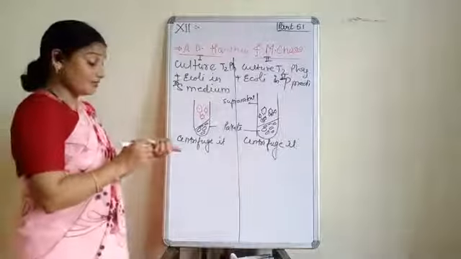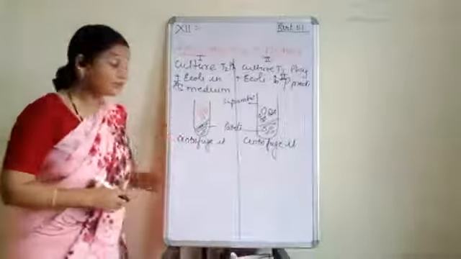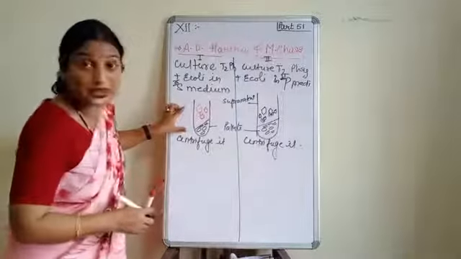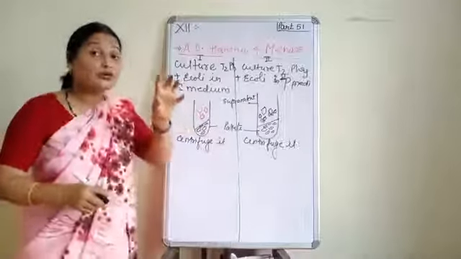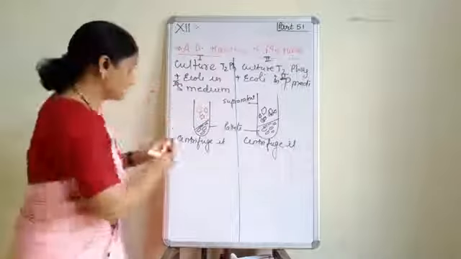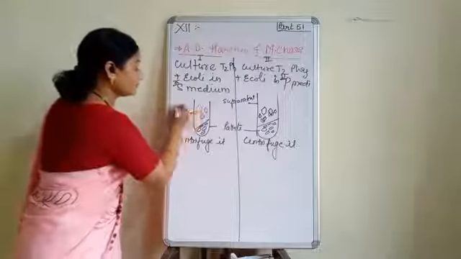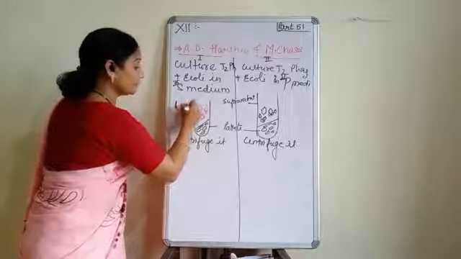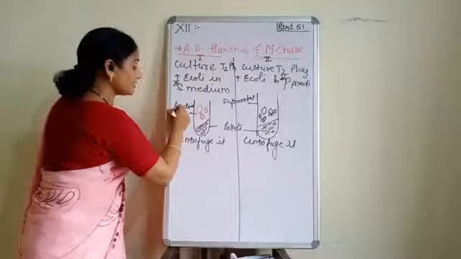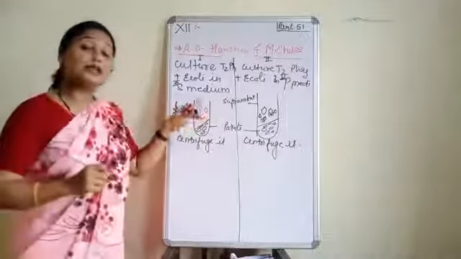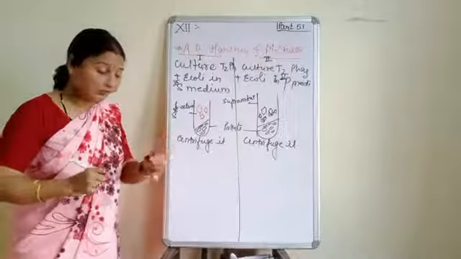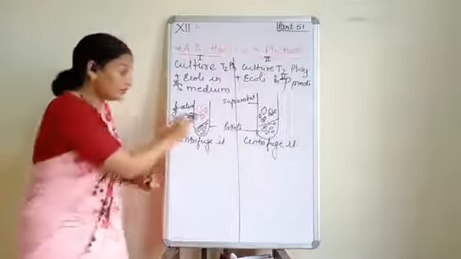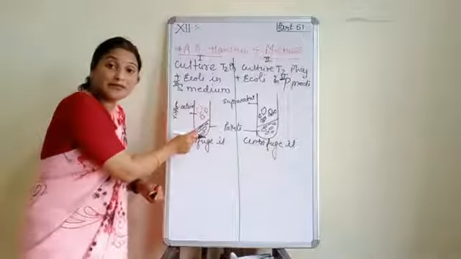Now see children, what had happened now? They found that the radioactive sulfur was here only. Radioactive sulfur. It was here in the supernatant part. It means the protein did not go inside the bacteria.